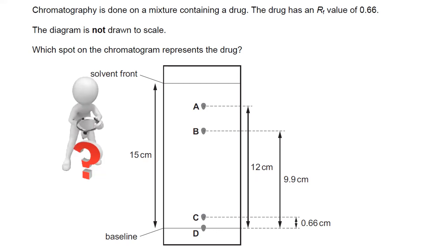The formula for RF value is the distance moved by spot divided by distance moved by solvent from origin.